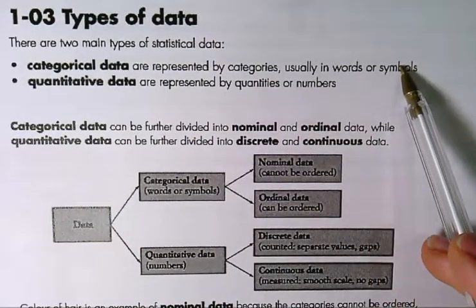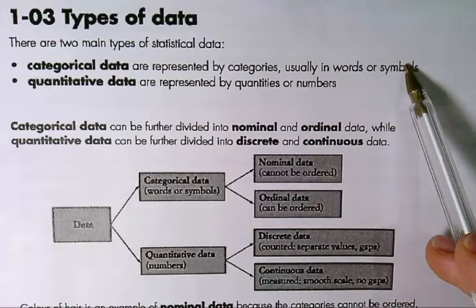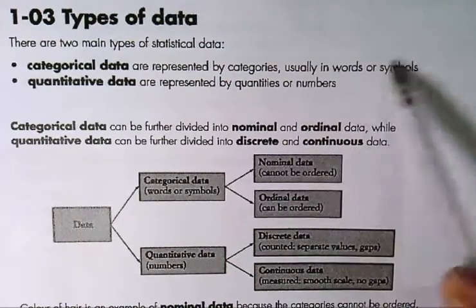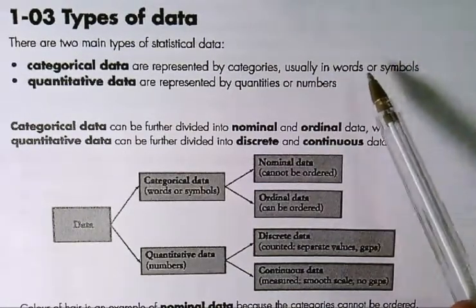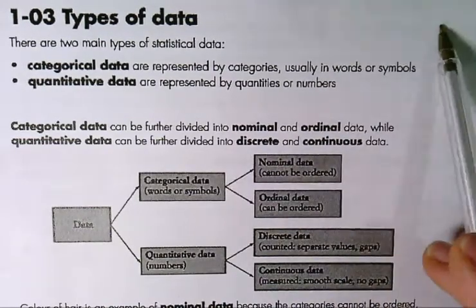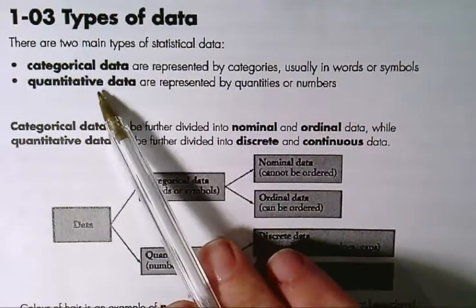That's an example of what month someone might be born in, or what type of music they like. If you're asking someone a question and the answer they give you is a word or a category, then that's categorical data. Another type of data is quantitative data.